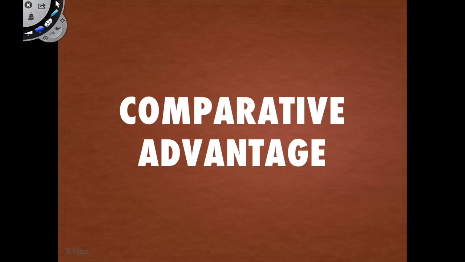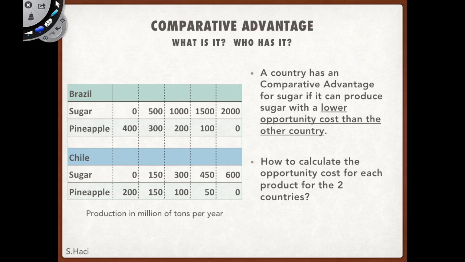Now on to comparative advantage. Comparative advantage is a slightly different concept. It looks at a relative efficiency rather than an absolute efficiency. And we use opportunity cost to determine who has a comparative advantage.